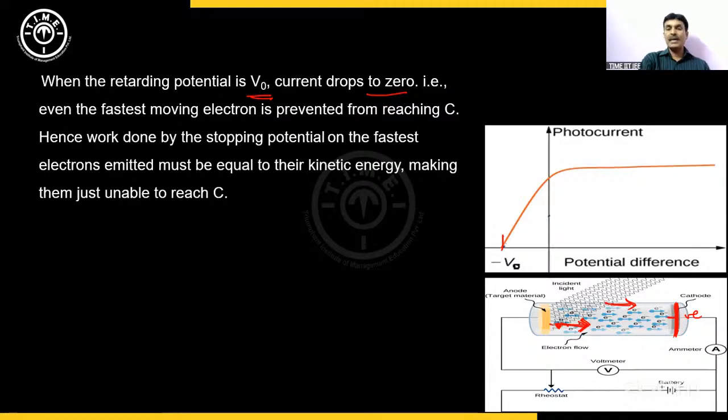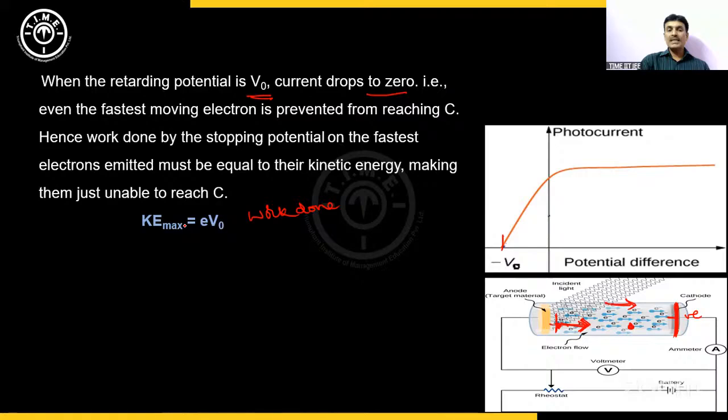So the maximum kinetic energy can be given as eV0: Ke max equals eV0. Here eV0 represents the work done in stopping the electron. Initially it has kinetic energy Ke max, finally it is stopped, so the change in kinetic energy is Ke max.